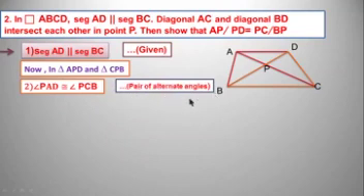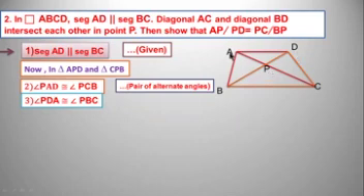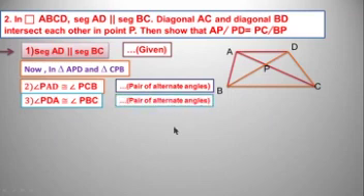Statement number 3, angle PDA is congruent to angle PBC. Both angles are congruent by pair of alternate angles.